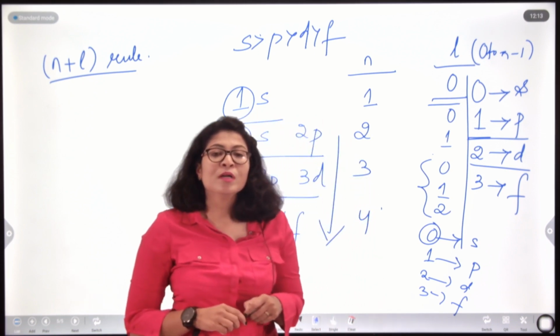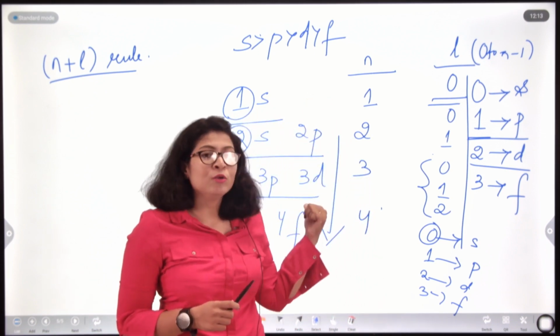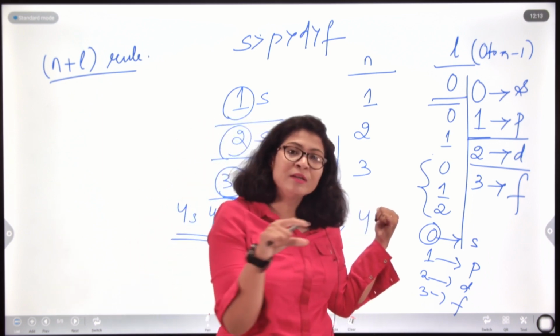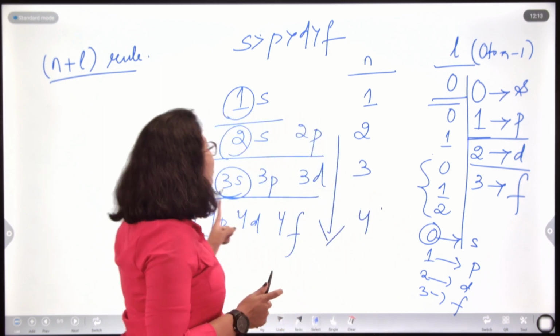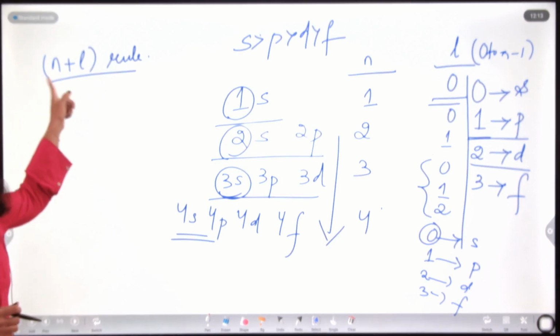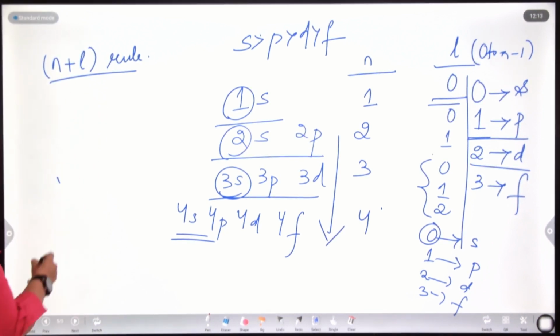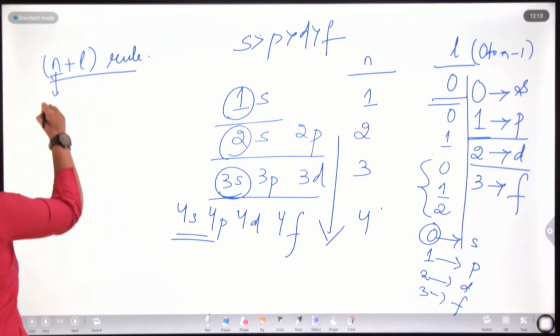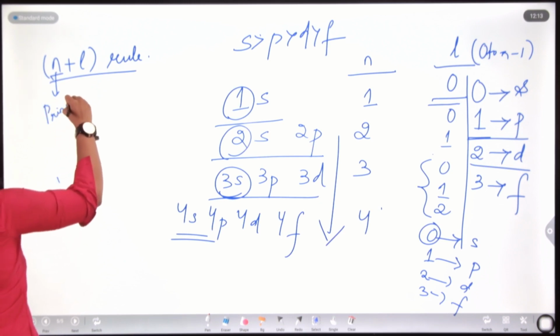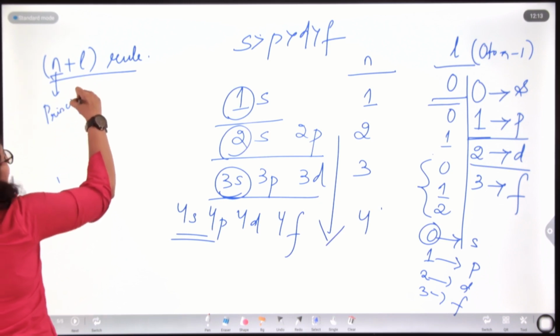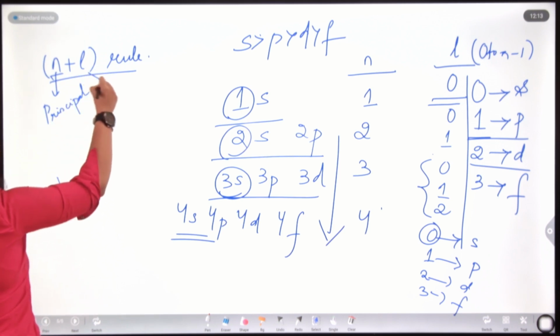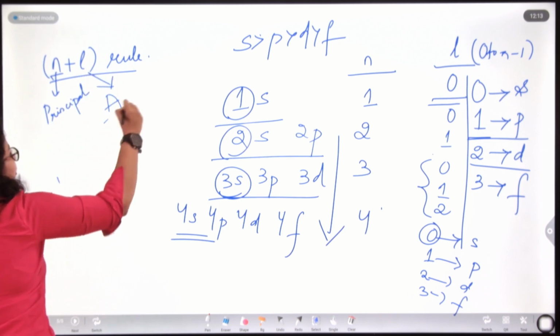These increasing energy values do not follow a particular trend; rather, they go according to the n plus l rule. Here n stands for the principal quantum number, and l stands for the azimuthal quantum number.